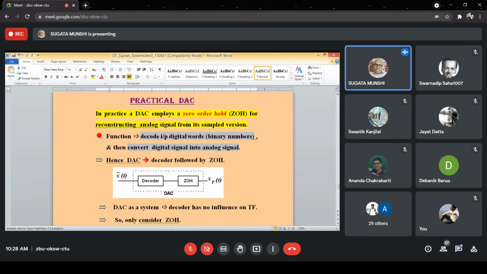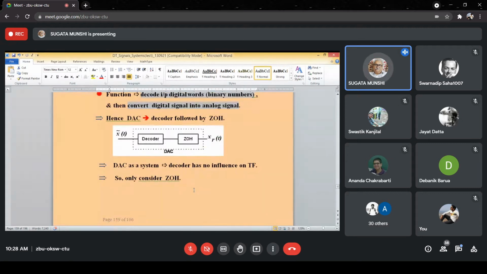Therefore, the transfer function and consequently the frequency response of the discrete time to continuous time converter is simply determined by the transfer function or frequency response of the zero order hold. I have represented the output of the DAC as xr(t). R stands for reconstructed. All right.